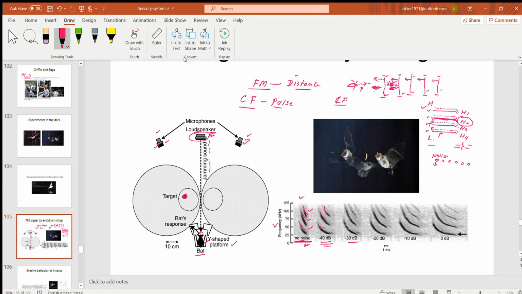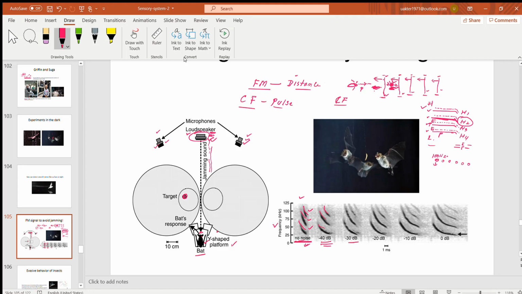That means you can think this is another bat next to this bat, because bats fly together, right? So hundreds, thousands of bats fly together, and all of them are producing pulses. So a huge amount of noise is present around the bat. So this study is to see how the bat responds in the presence of noise. If you think this is another bat which is producing sound, that sound is now a noise for the bat because that distracts the bat, right?